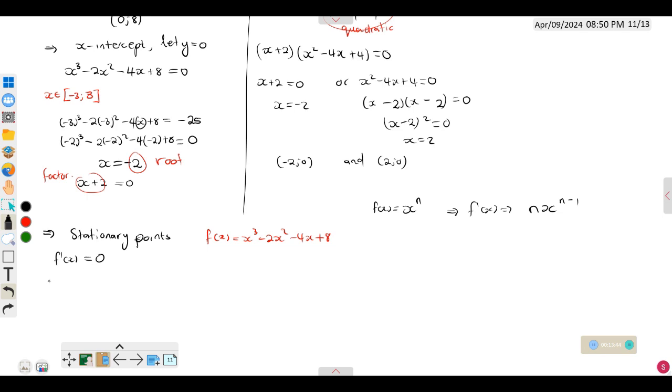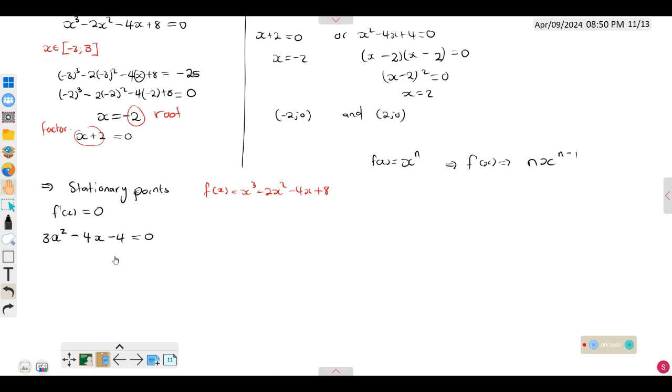So same thing. Here you are going to have a 3 brought to the front, x to the exponent 3 minus 1, which is 2, minus. You bring the 2 here, it becomes 2 times 2, so it's minus 4x, then 2 minus 1, which is just 1. Then you bring the 1 here, it becomes a minus 4 still, then 1 minus 1, which is 0. Then the derivative of a constant is 0. So that's what you have now.